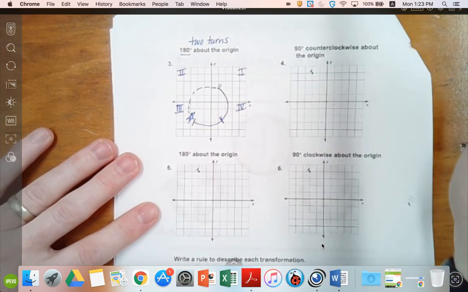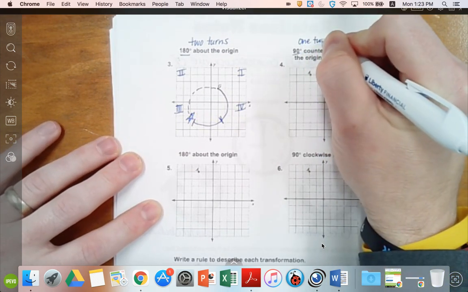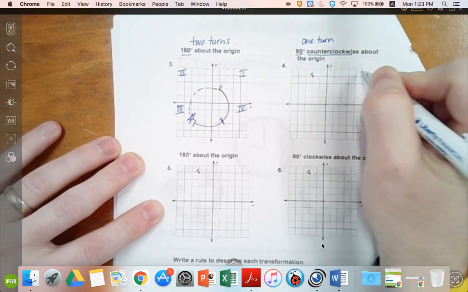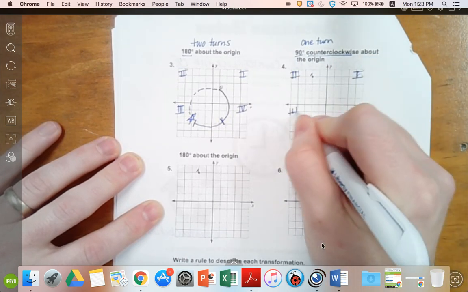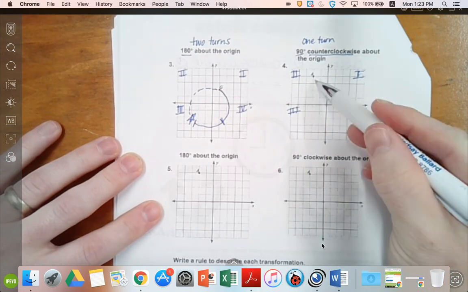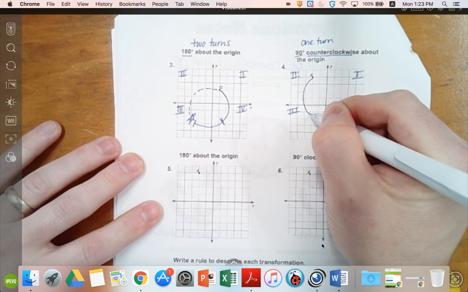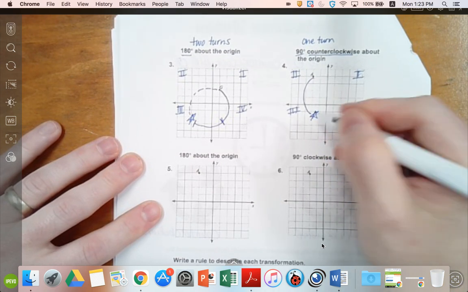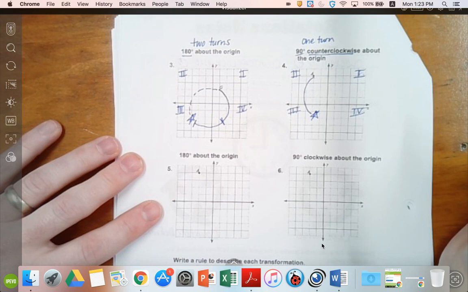If I do number 4, 90 degrees, that's one turn going counterclockwise. So here's quadrant 1, 2, 3, 4. I'm going counterclockwise, against the hands of time. I'm going this way, so I'm going to end up from quadrant 2 to quadrant 3. That's a 90-degree turn. Okay.